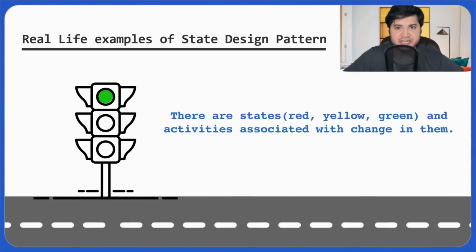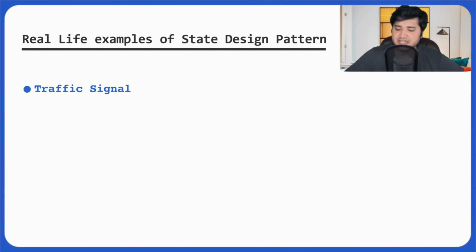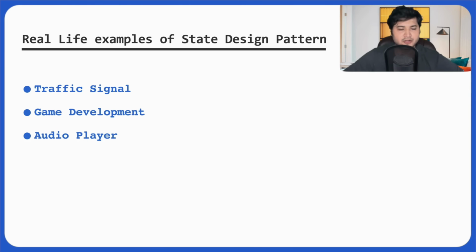So whenever there is a state change, some different activity is happening. This state design pattern is highly used in game development. Then there are a few more places. In an audio player, again, play and pause states are there. In document editing, the document is in review or in editing phase. So these are all the real life applications.